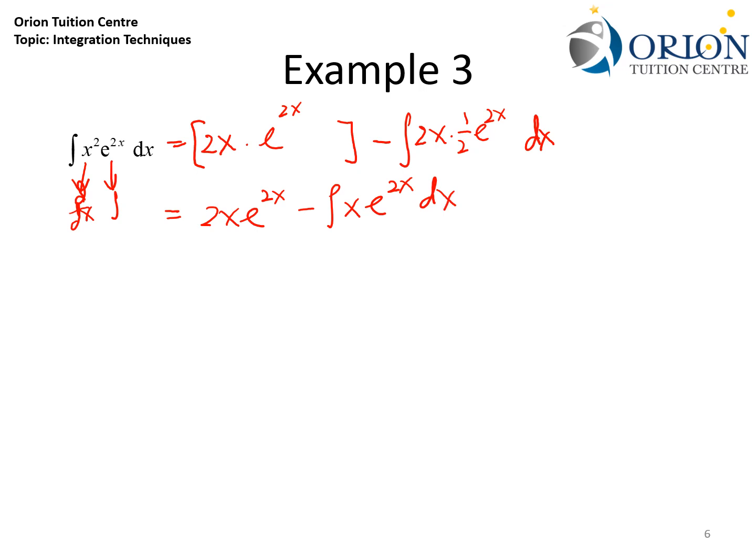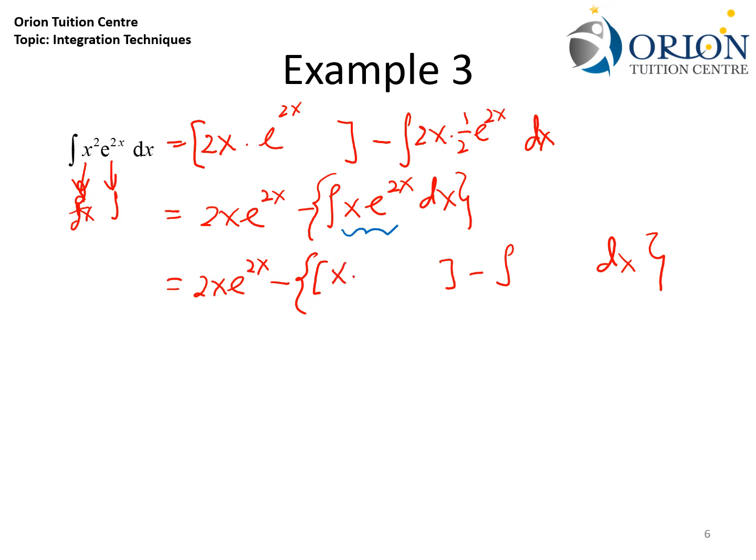Okay, so now we end up with this term over here, which we have to perform integration by parts one more time. And therefore, this gives us a 2x e to the power of 2x minus, I'm going to use a big curly bracket to represent this integral over here. And thereafter, my square bracket and my integration for integration by parts. In the square bracket, I am going to integrate e to the power of 2x and keep x constant.